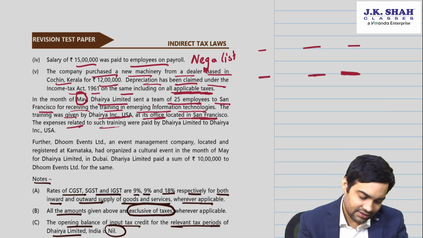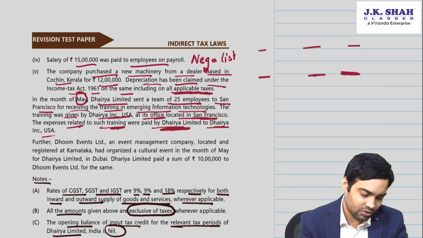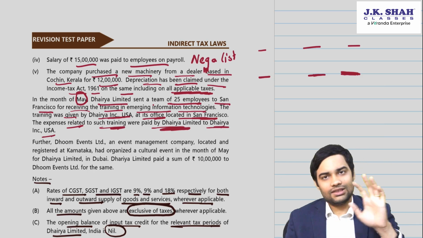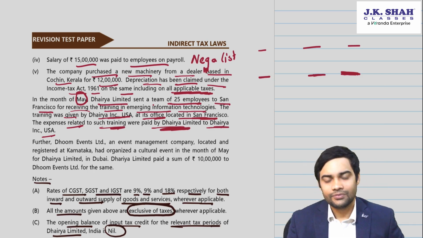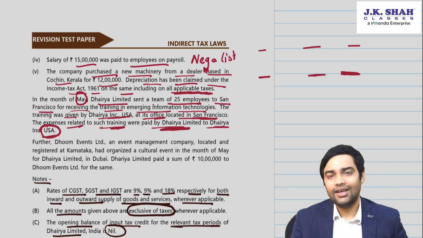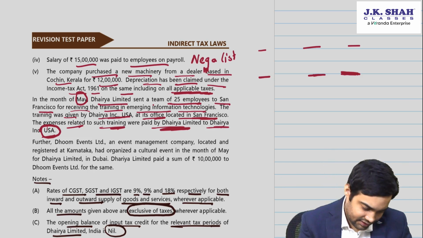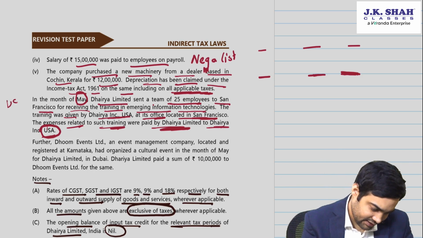The expenses related to such training was paid by Dharya Limited to Dharya Inc. US. First of all, where is the supplier? The supplier is in US. Where is the recipient? The recipient, sir, is in India. Okay, supplier is in US, recipient is in India.